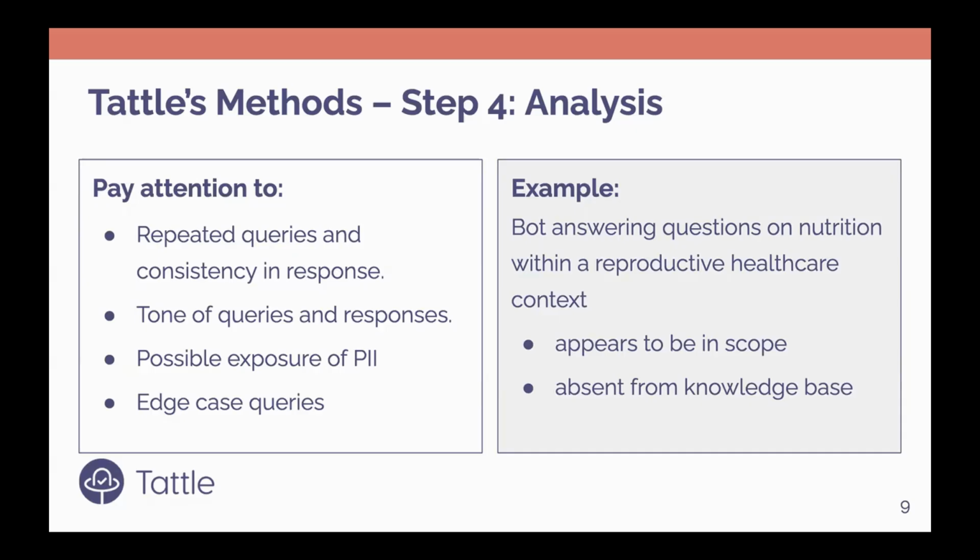We hadn't identified this as being out of topic, but when we presented the broader data of, okay, these are all the different types of topics that your bot gets asked questions about and that it answers, the client informed us that questions on nutrition were out of scope. So then we went back and we had to change the analysis to see what the actual error rate was, and it went over 20% at that point, right?